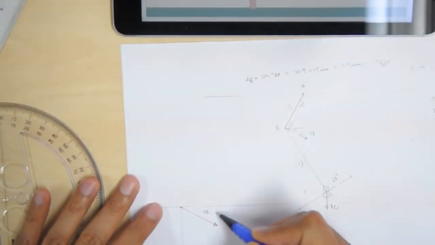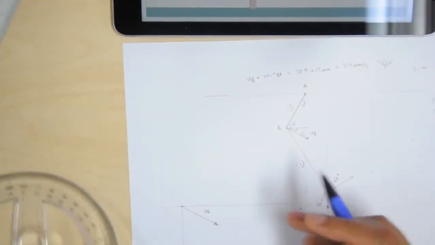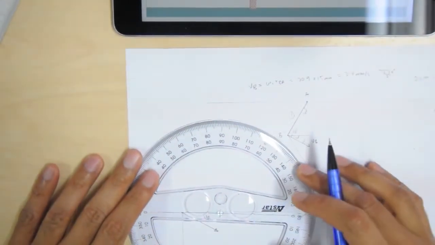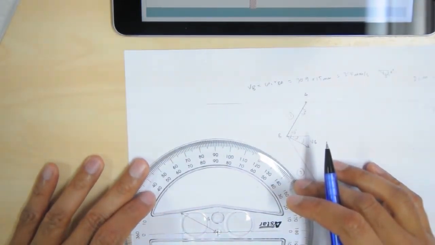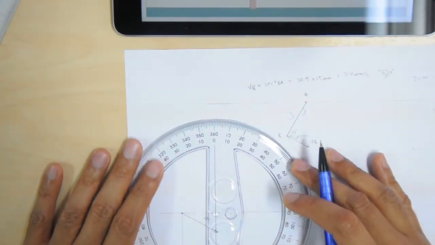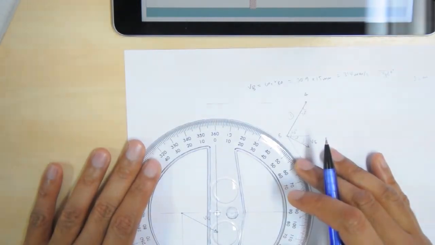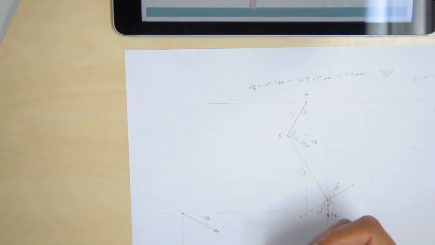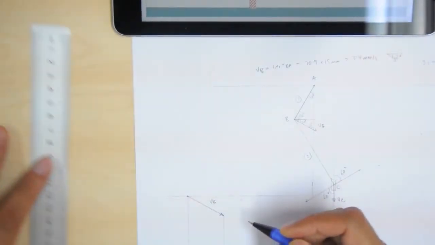And of course this is 60 degrees. Now if we actually draw a straight line from here, I know this is tedious, but this is how it's been done, depending on how you want to do it. This is 90 degrees.